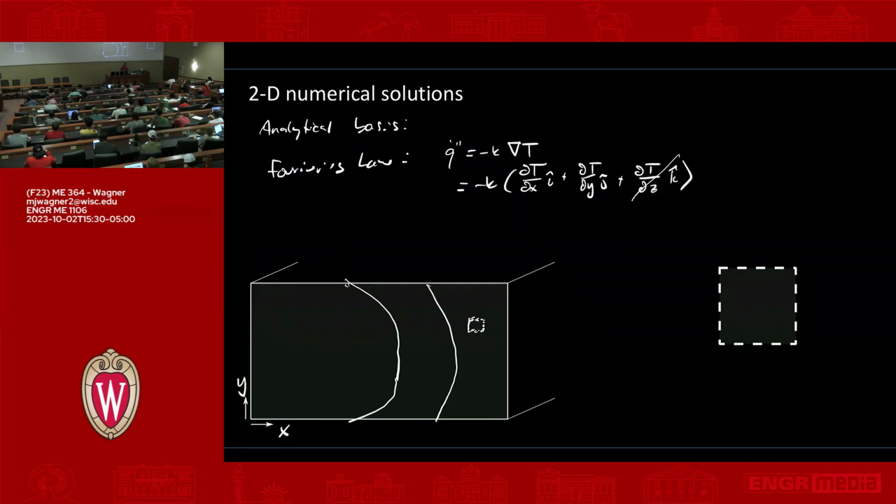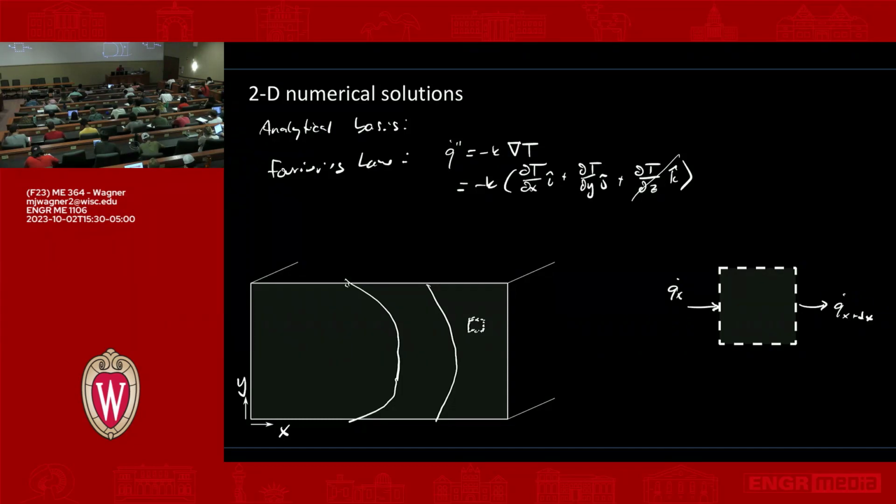That control volume is not spanning the entire height, because if it did, then we couldn't model any gradient in y. We want to model both in y, so there's a differential height in y, and in x, differential length in x. So let's blow that up over here, this dotted line, and do the heat flow analysis. So this is internal. We've got coming in q dot x, leaving we have q dot at x plus dx.